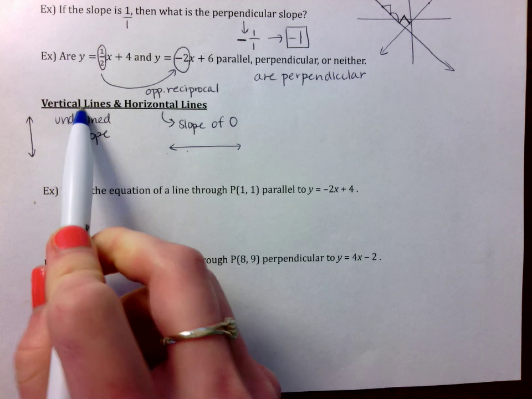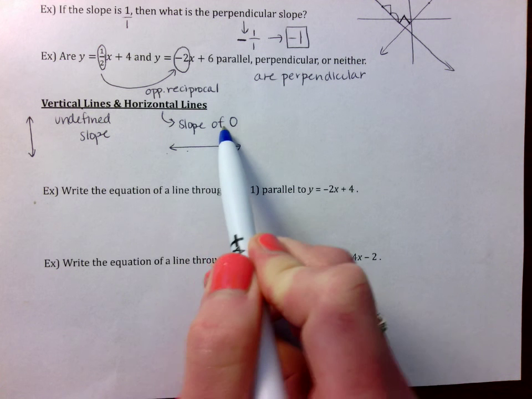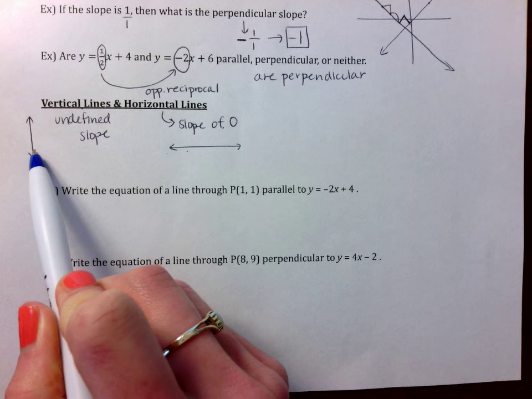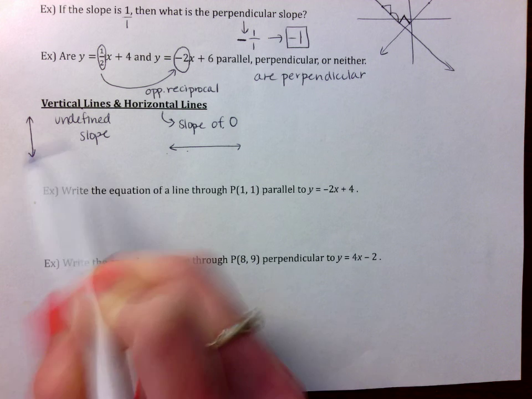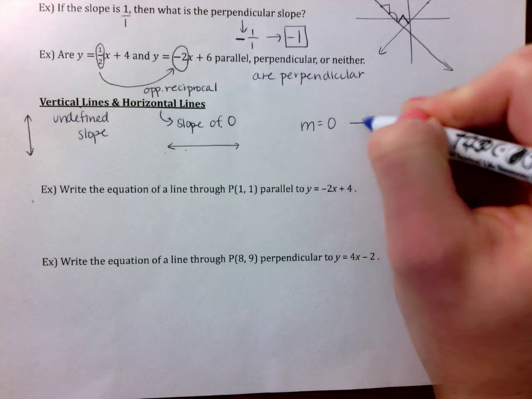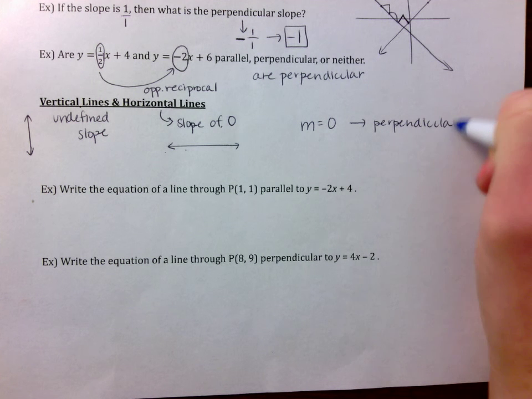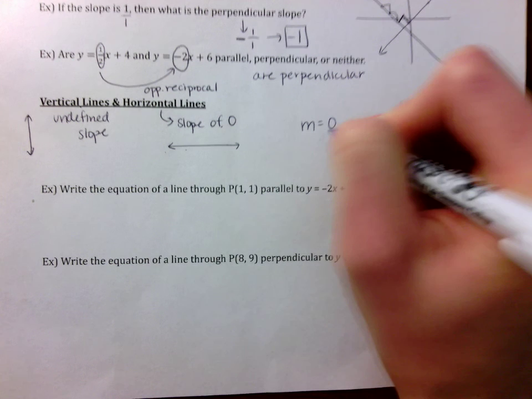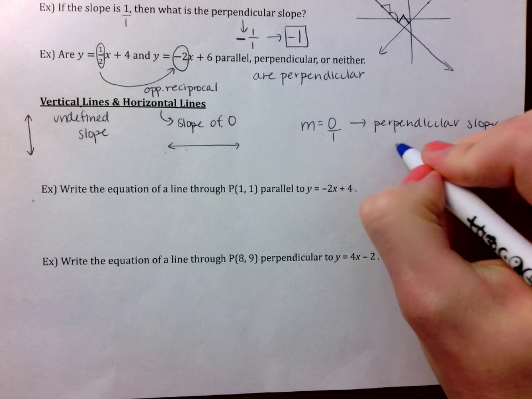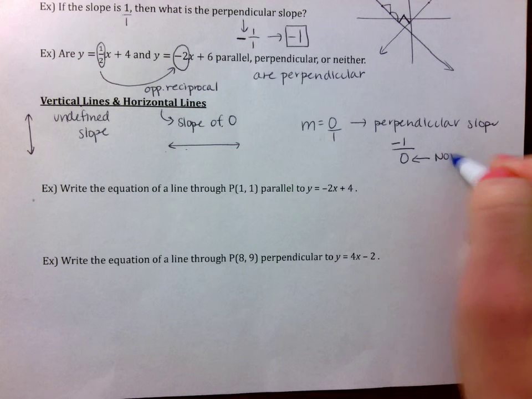So if you have an undefined slope, then the perpendicular slope would be 0. And then vice versa. If you had a slope of 0, the perpendicular one would be vertical or undefined. The other way you can think about that is if I tell you that a slope is 0 and I want the perpendicular slope, if I were to try to make this a fraction, which I could, and then tried to make the opposite reciprocal, I would get negative 1 over 0, and uh-oh, that is not good.